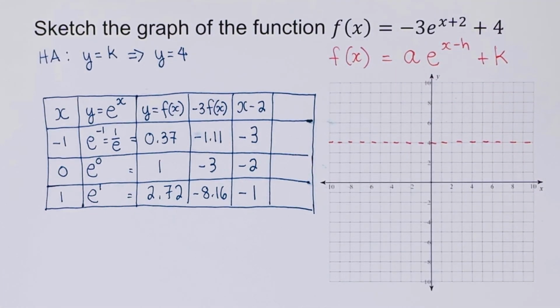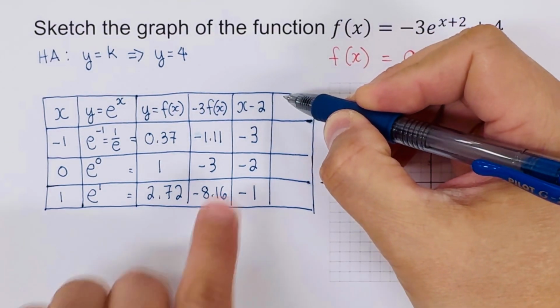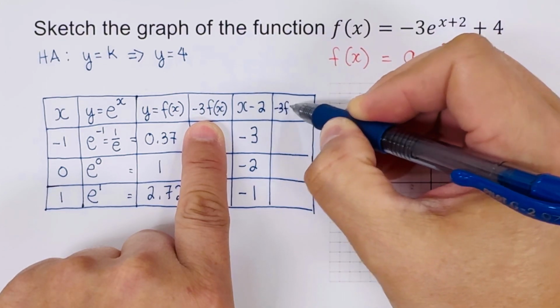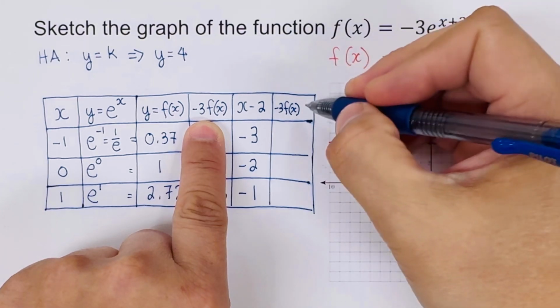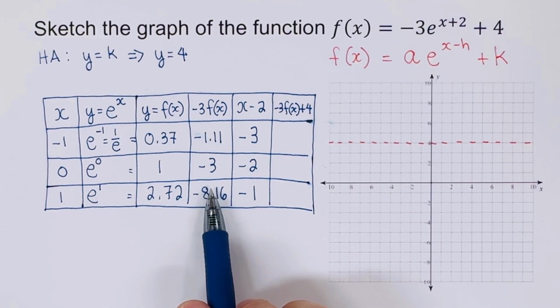And for the transformed y value, we go ahead and use this value that we got here, which is -3 f of x. And then the k value that we got is 4, so we're going to add 4 to it. The column here represents the value of the function when it is stretched by a factor of -3.